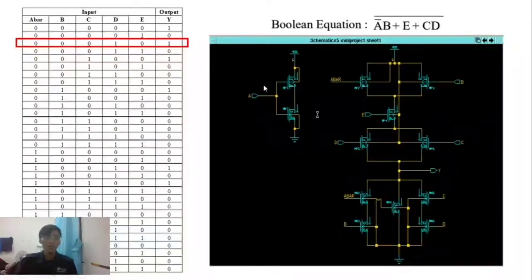So that's how the PMOS section works. And for the NMOS, D becomes a short circuit, which means the ground can go through the D input, but the other inputs are open circuits, which means the ground cannot go through to the output. So that's the first example.